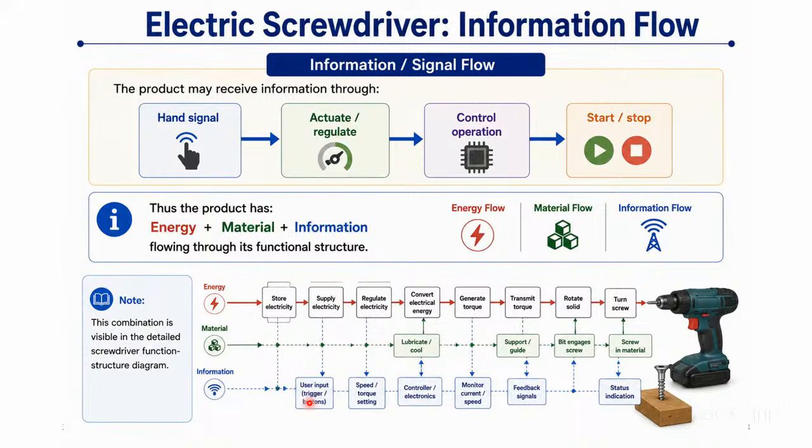So the product has energy plus material plus information flowing through this functional structure. So you can view it as three flows, that is the energy flow, material flow and information flow. So it can combine this and have functional decomposition as shown here. Let me zoom it.